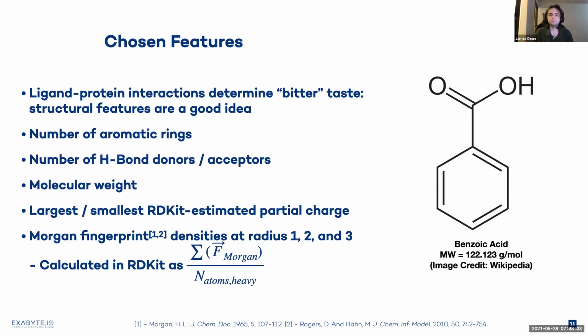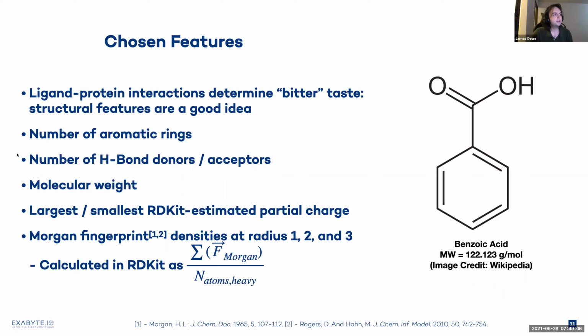The next step in the process is typically to figure out what features might be relevant to the protein binding. Here we're going to use a little bit of chemical intuition. Recall that bitter taste is caused ultimately by the ligand-protein interaction, so a molecule interacting with a receptor. What might be important to that? Well, things that cause or influence intermolecular forces.